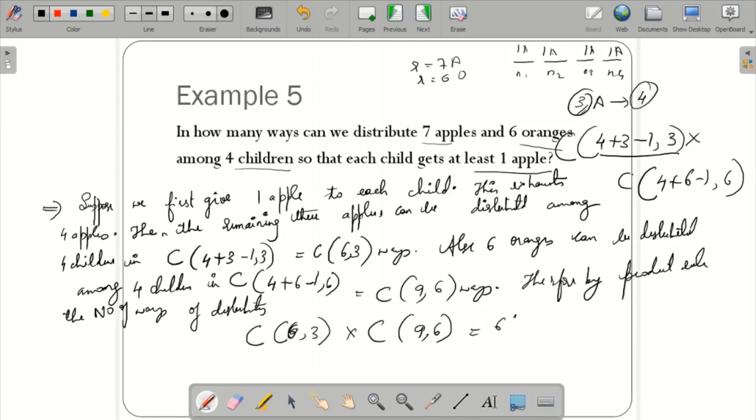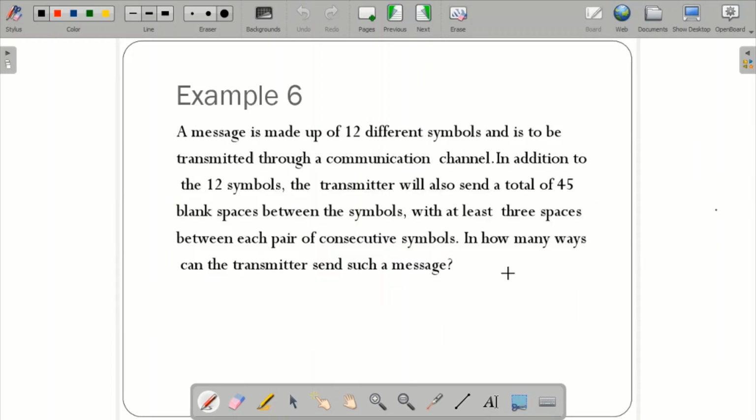So this would give you 6 factorial divided by 3 factorial into 3 factorial, into C(9,6), which is nothing but 9 factorial divided by 3 factorial into 6 factorial. So this would result in 20 into 84, that is nothing but 1680 ways. So this is regarding example 5.